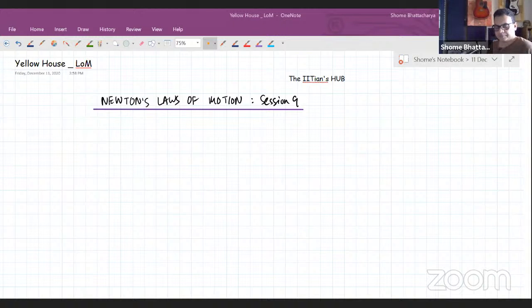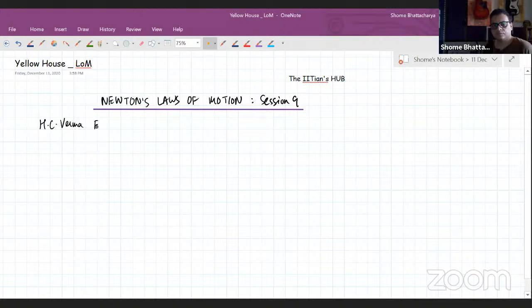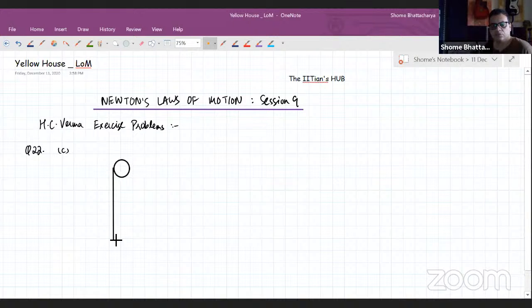22C, okay, let's start with that. In this type of question, let's go through these two questions, 22C and 26. In question 22, the first thing you have to do is find the tension in the string, and once you find the tension, then you can find the reaction force at the clamp of the pulley, because you will have to make the free body diagram of the pulley to understand how much that reaction force is.